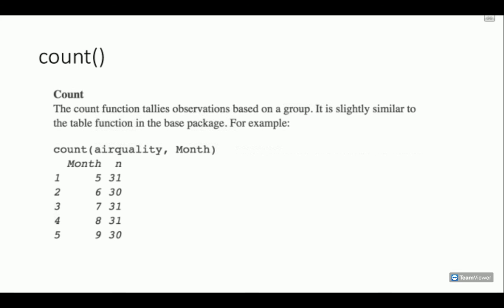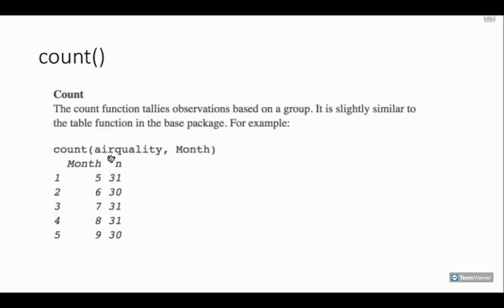So the other function is count. Count is just a frequency table. It's just going to tally the number of observations in that group, and it's going to give you a number based on how many observations there are.